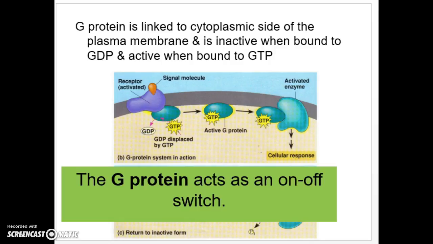There are another 5 different G protein linked receptors that can be activated by acetylcholine. And also serotonin acts on G protein linked receptors as well. It can act on 15 different G protein linked receptors. And it's worth noting that about half of all known drugs work through these G protein linked receptors.